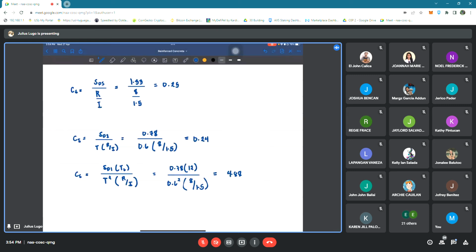So we have so many values. The standard formula of the CS is 0.25. So whom do we compare this 0.25 to?